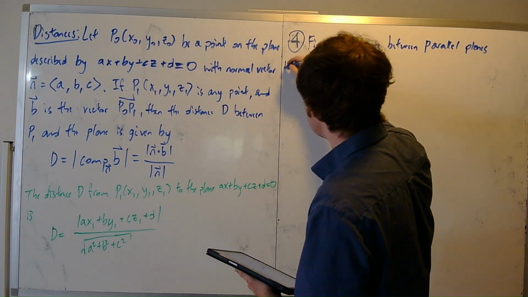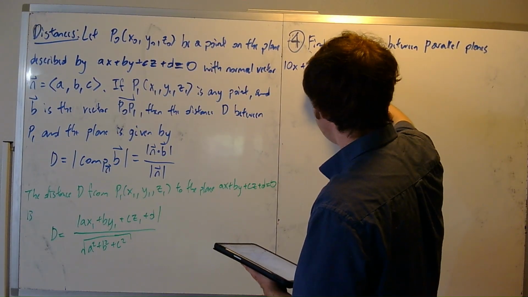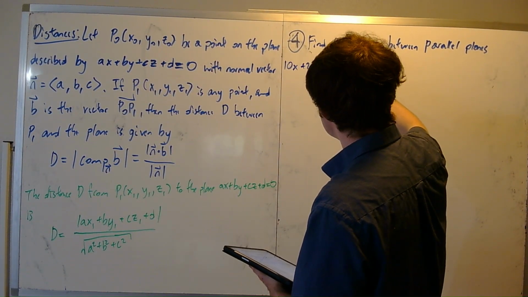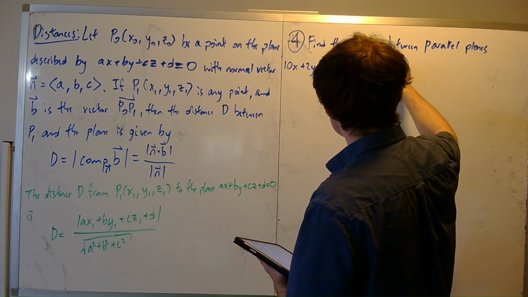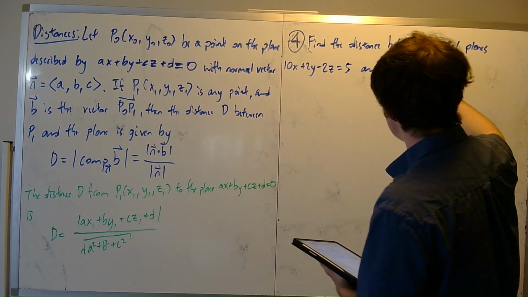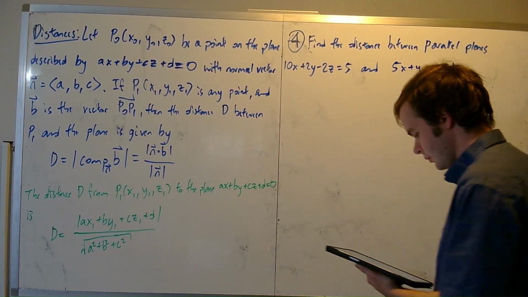So one of the planes is going to be 10x plus 2y minus 2z equals 5, and the second plane is 5x plus y minus z equals 1.